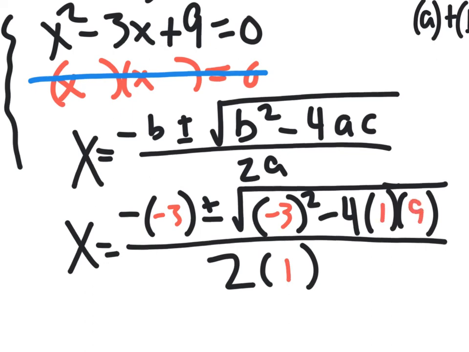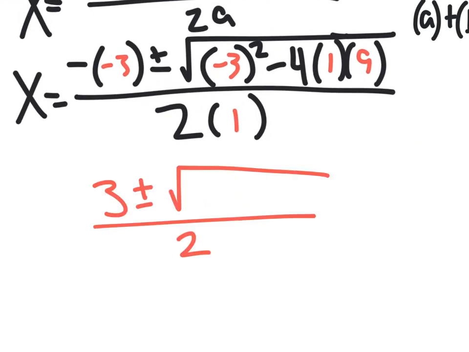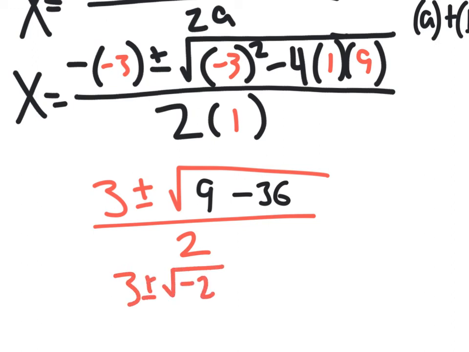And now we could focus in on simplifying this. So this will be 3 plus minus, and on the inside of the square root, that's where it gets fun. You have a 9, and negative 4 times 1 times 9 is a minus 36. And when we combine the 9 minus 36, we get a negative 27, and it's over 2.